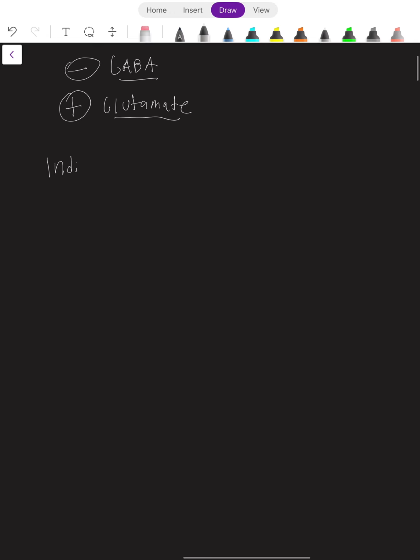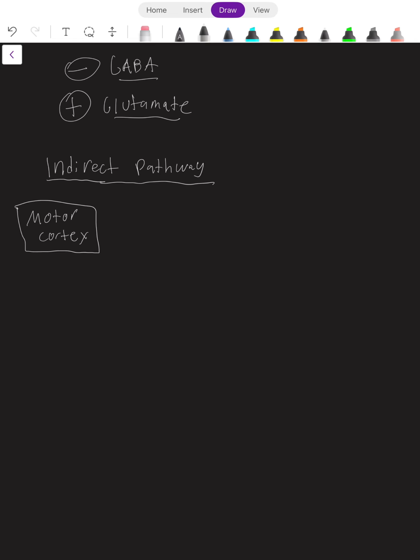To start, we're going to do the indirect pathway because it's the longer one. It's indirect, right? So it's got more steps to it. So for the indirect pathway, what we want to start with here is the motor cortex, right? And then that's going to go to the striatum.